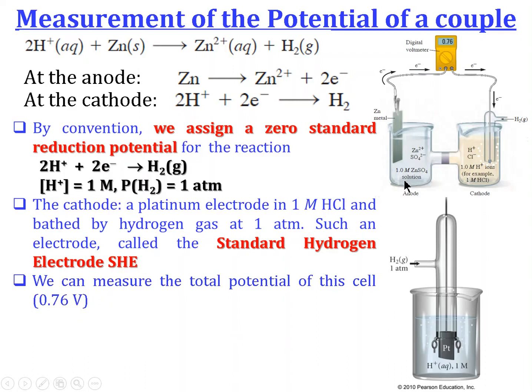Since we cannot measure the direct potential of a redox couple, we construct a galvanic cell between this couple and the reference couple H+/H2, and we measure E of the cell.